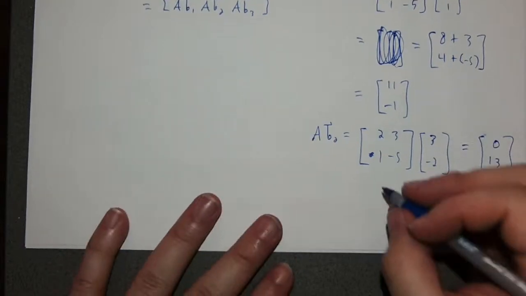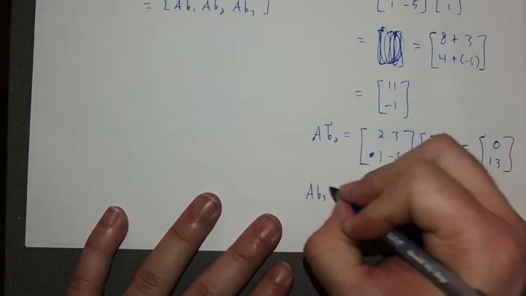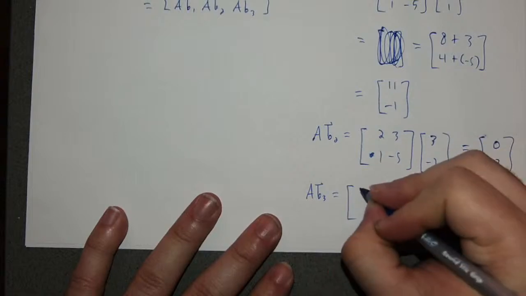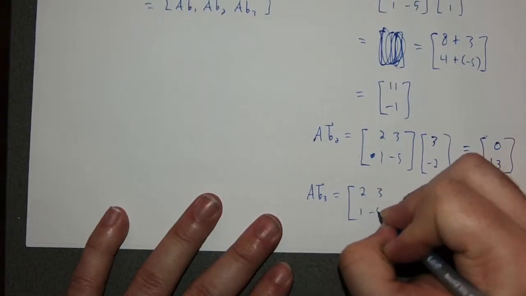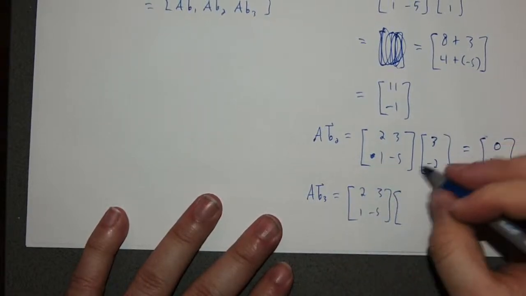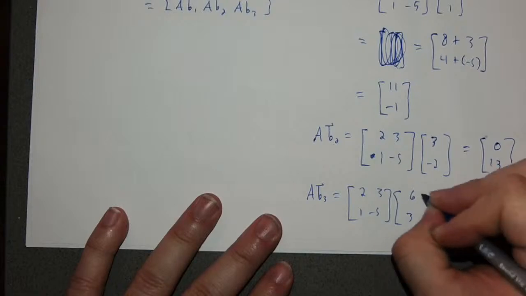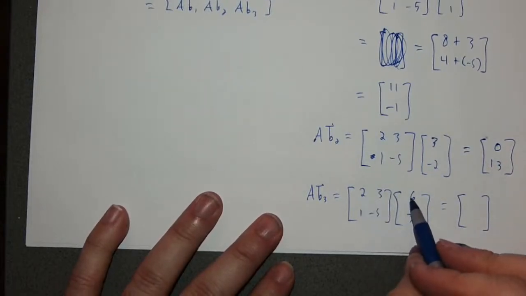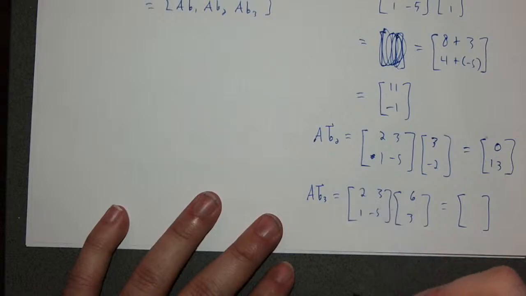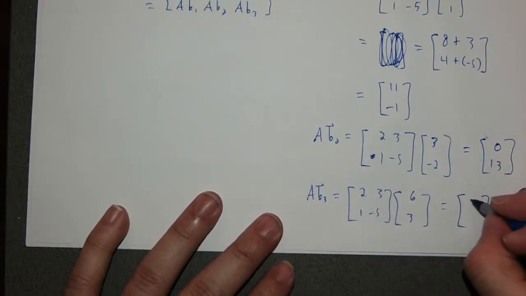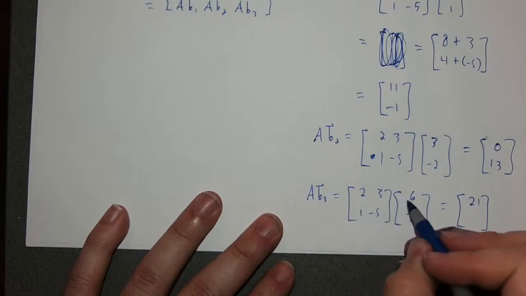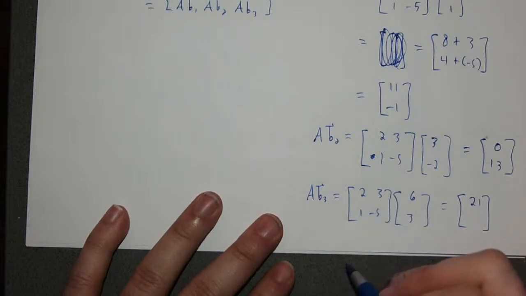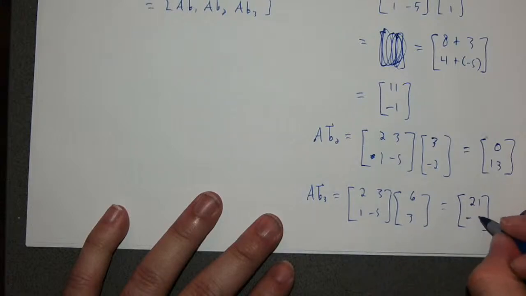Then lastly, AB3 is again A times B3, which is 6, 3. So this is 2 times 6 is 12, plus 3 times 3 is 9, so that's 21. And then 1 times 6 plus minus 5 times 3, so that's 6 plus minus 15, so that's minus 9.